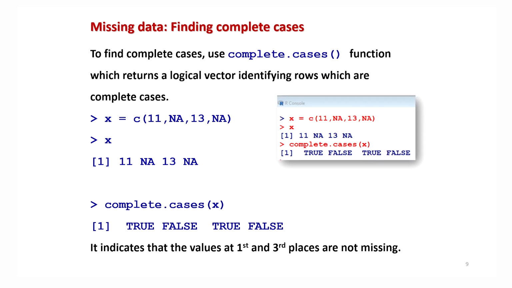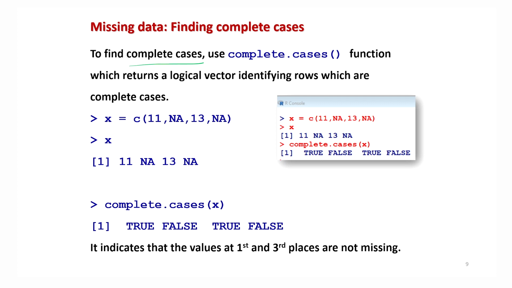Now, besides those things, there is another objective which you would like to achieve. Suppose you want to know the complete cases. That means what are the values where the data is available. Up to now we were trying to find out the places or the data which are missing. Now I am trying to concentrate on the data which is available. Right.